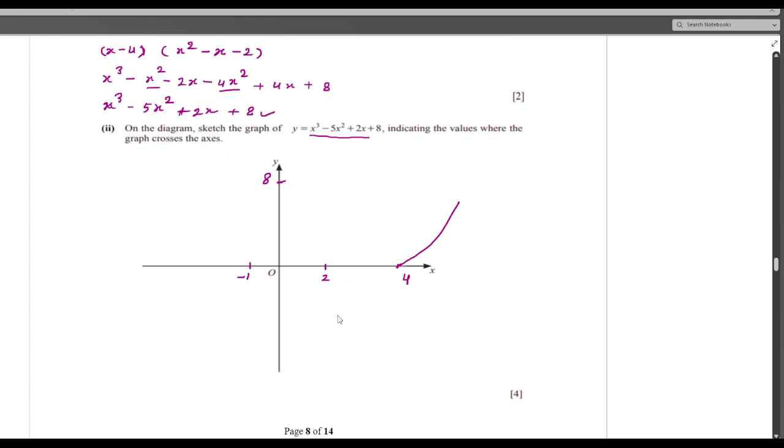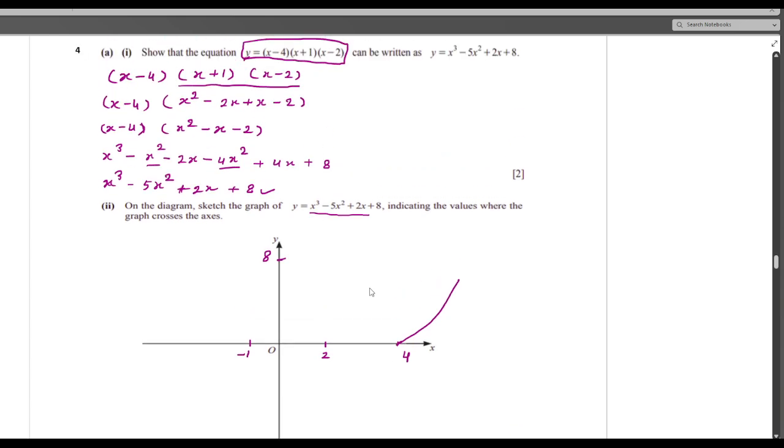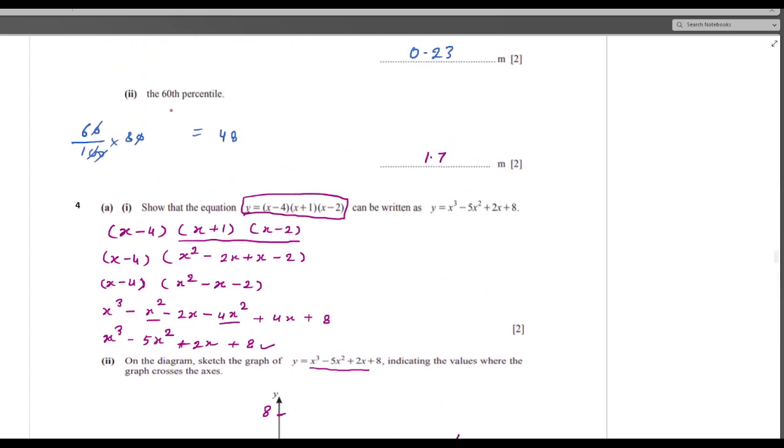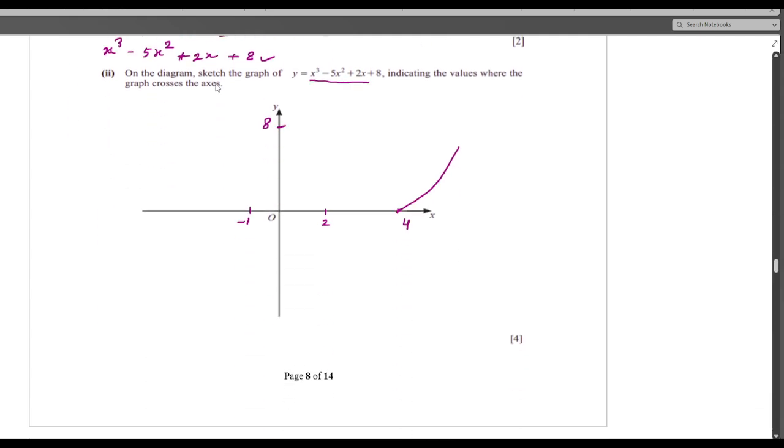Now for any value between 2 and 4, again see this expression only. Your first factor is going to be negative and the other two are going to be positive. So basically your product is negative.